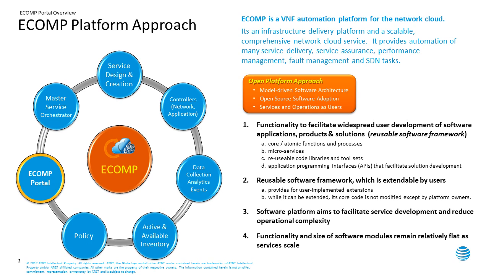ECOMP platform is built using three main open platform approaches. Number one is model-driven software architecture, which means that the model drives the behavior of the software platform and it eliminates the need to custom code or change the software for every change in the functions.